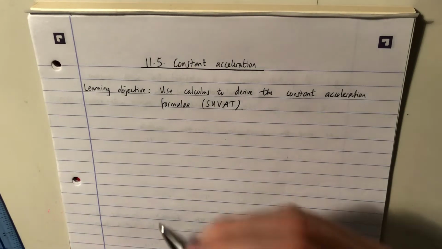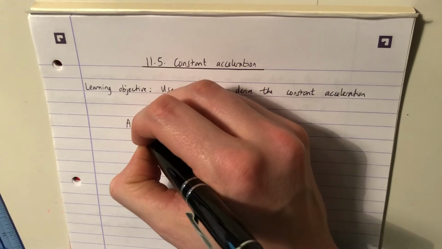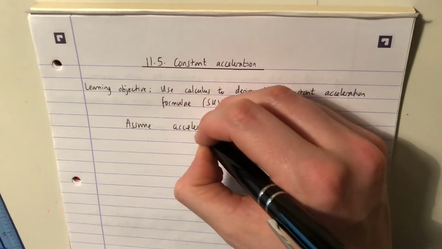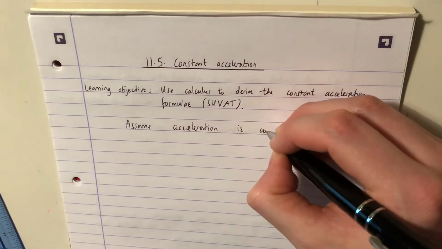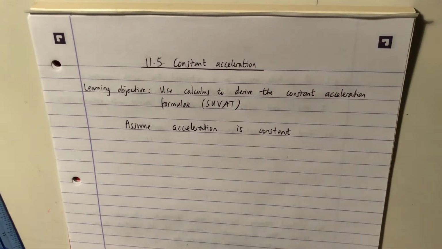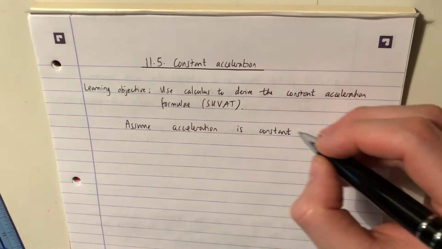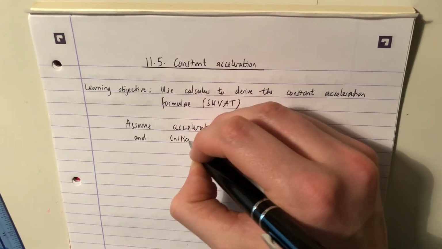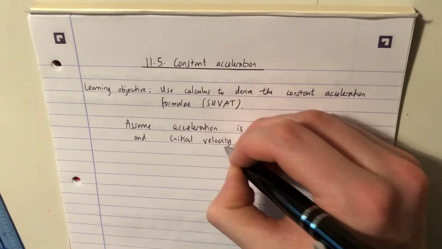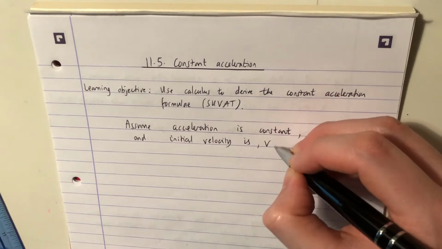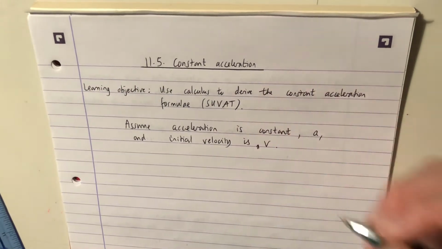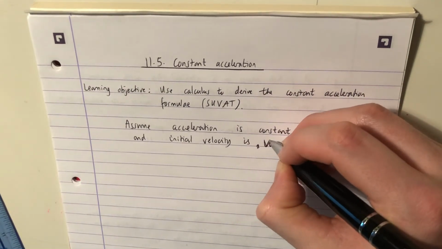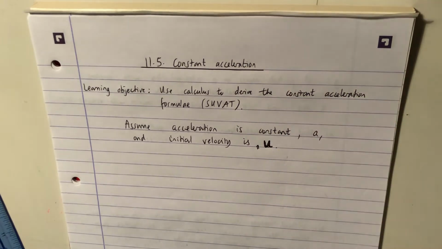So we're going to start off with a constant acceleration, because this is where the suvat formulas come from. So we will assume the acceleration is constant, and we'll call that acceleration a, and we'll assume the initial velocity is u.